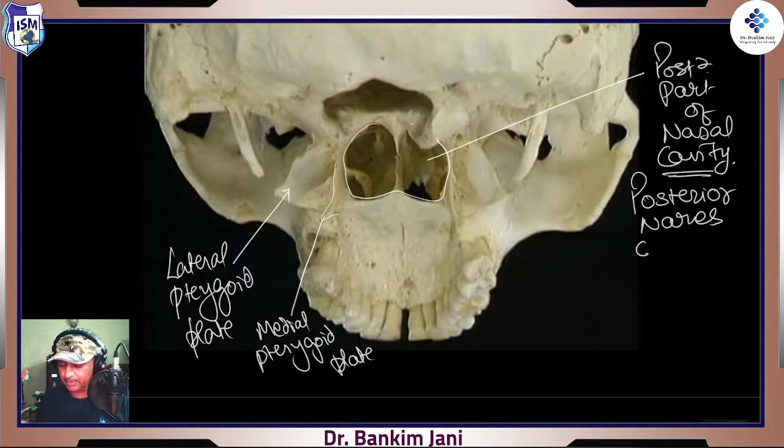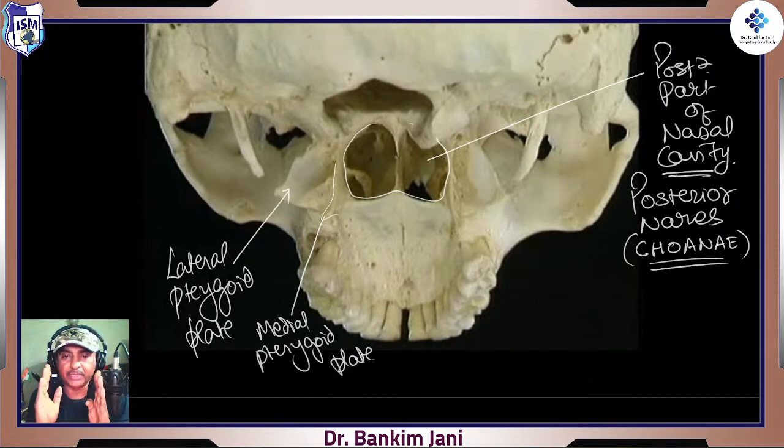A name is given, they are also called the choana. So if it is asked what exactly is the location of this posterior part of the nasal cavity, the posterior nares or choana? Well, it is very easy. It is between two medial pterygoid plates.